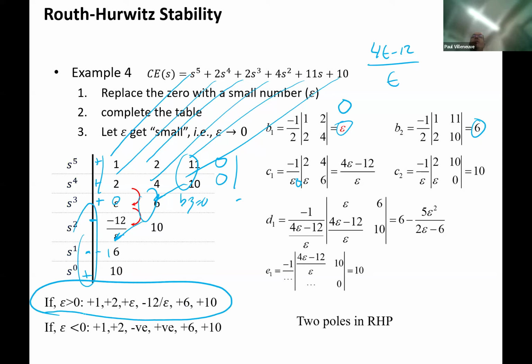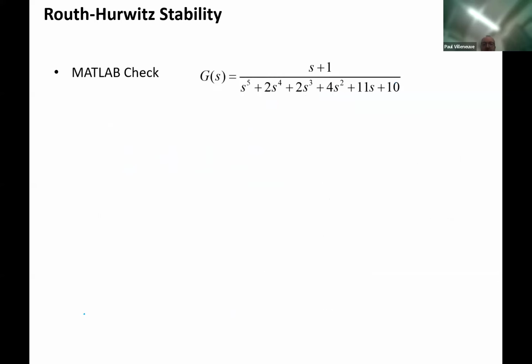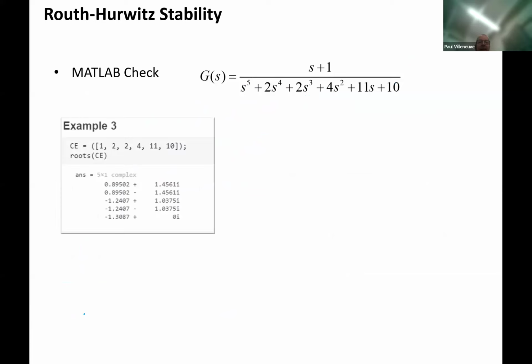So we have 2 poles in the right half plane. Okay. That's only if you have a 0 in the first column. Check it with MATLAB. What do you know? Plus and plus. 2 poles in the right half plane. Okay.